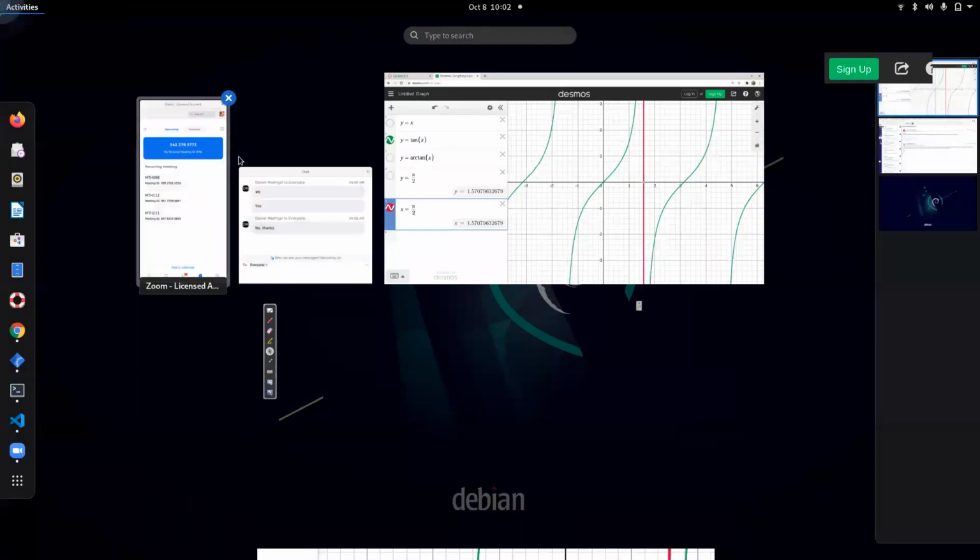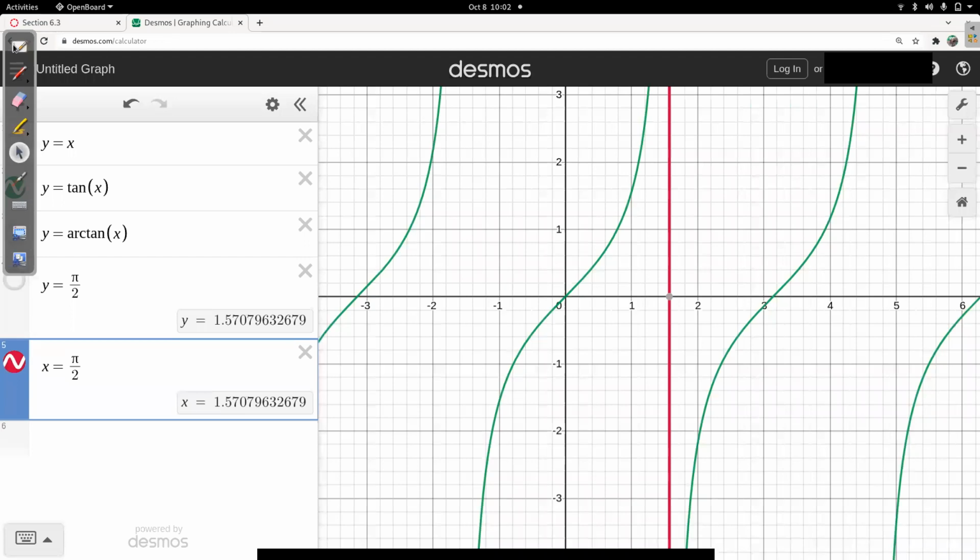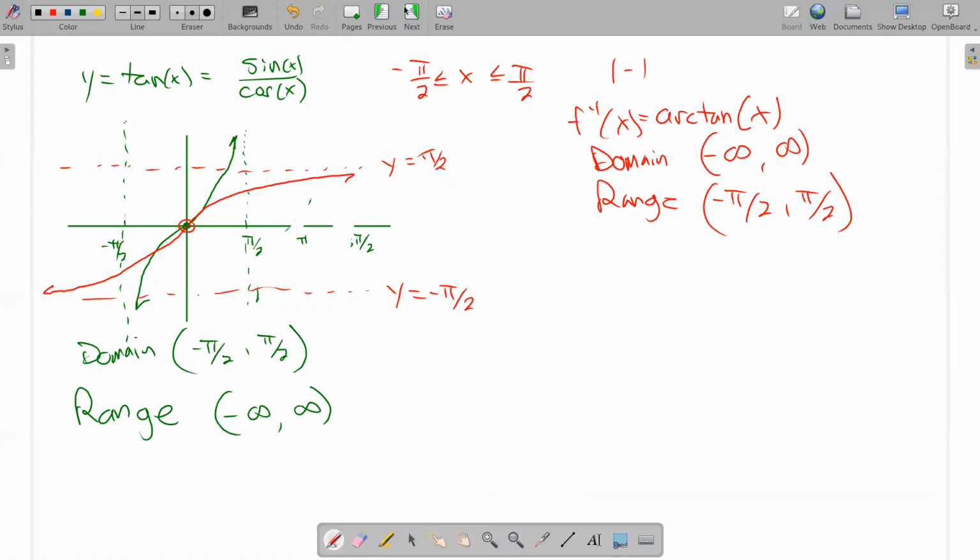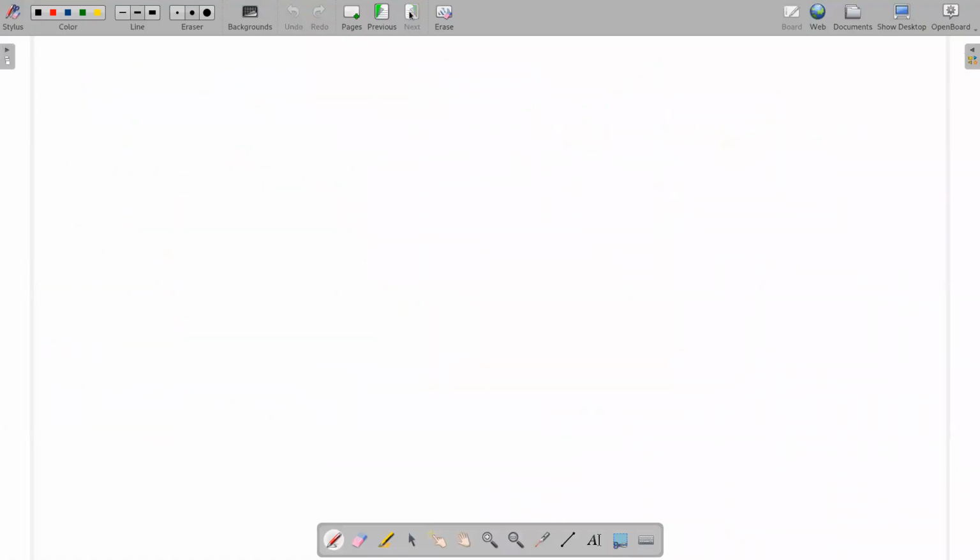Summary. So the important thing about these inverse functions are the angles that they output. So we've got the arc sine of x, and its range is really the most important part here, the angles that it outputs.